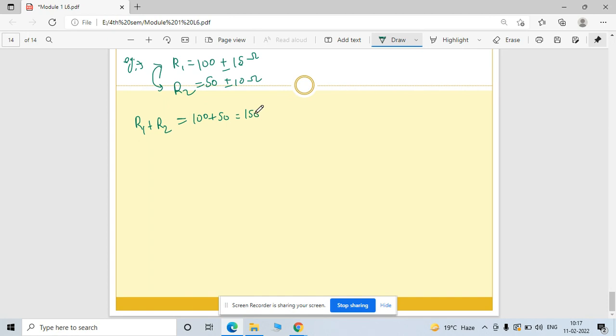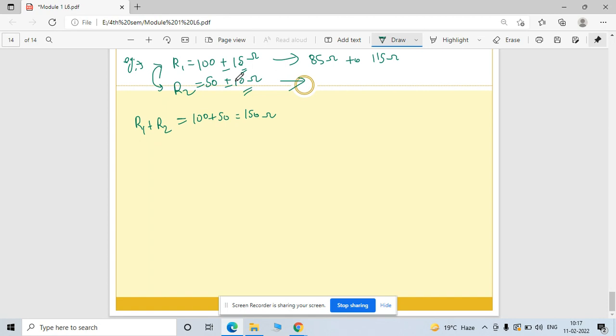150 ohm will be your actual value when you neglect this uncertainty. But this is present in your resistance. It means the range of this R1 resistance is plus minus 15 ohm, so the range is 85 ohm to 115 ohm, right?